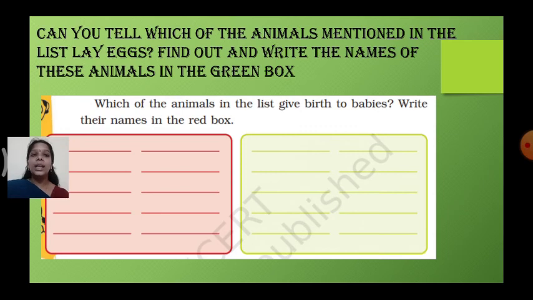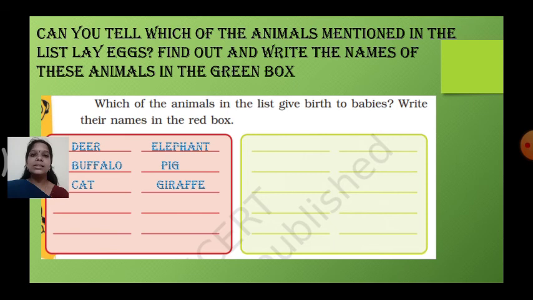The animals in the list that give birth to babies, write their names in the red box. So, the names of animals which give birth to babies, we have to write in a red box. And the animals which lay eggs, we have to write in a green box.